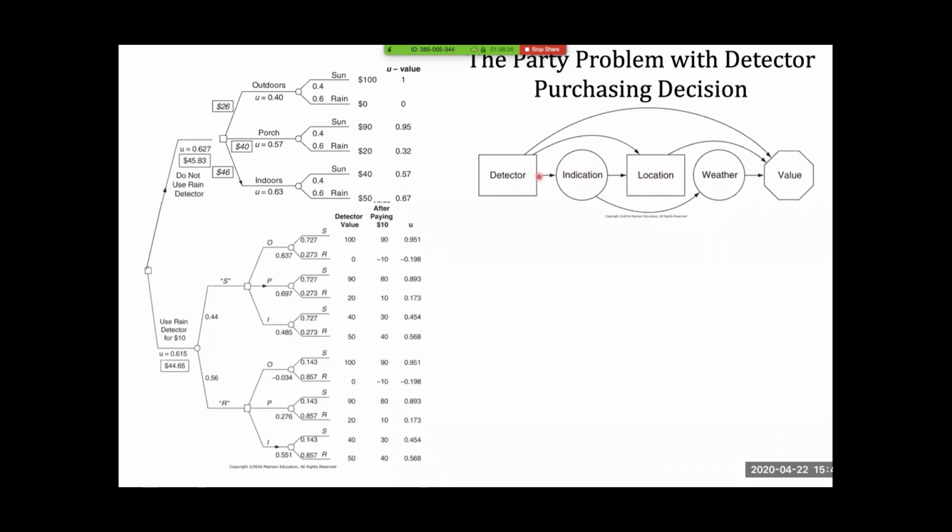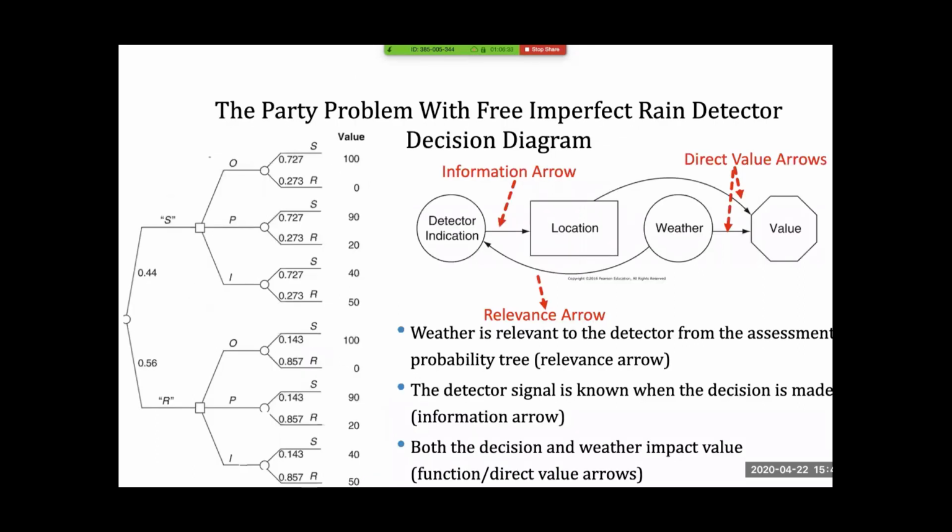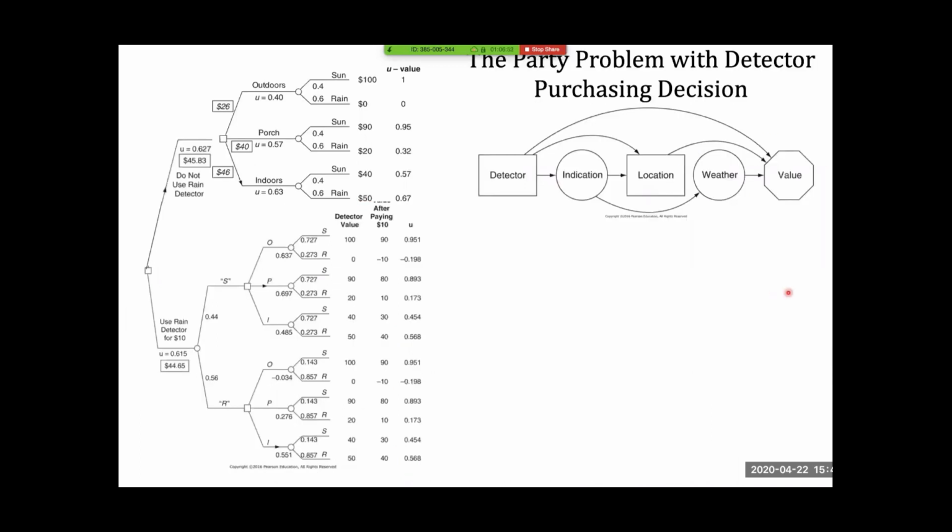So really, what changes is after we add the detector compared to this one. We have an extra node called detector over here. These arrows will stay put. And then we have a detector over here. So what we need to decide is whether detector sends an arrow here, here, here, or here. That is what we have. Detector influences whether you will be able to read the indication or not.